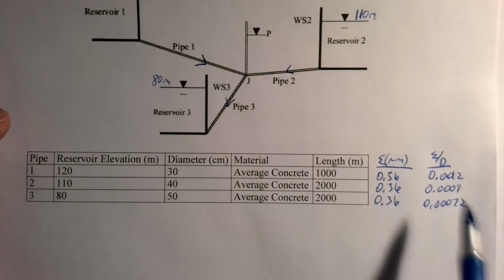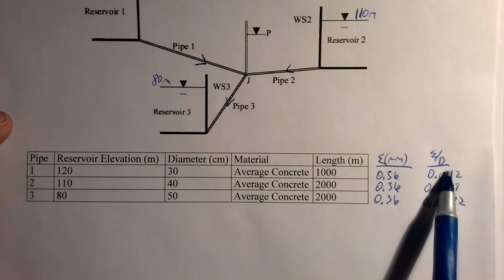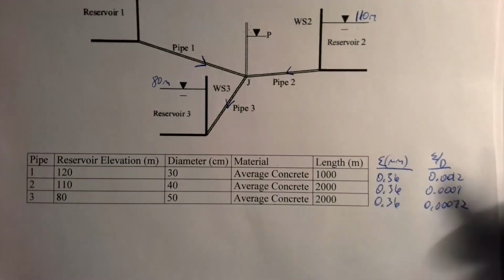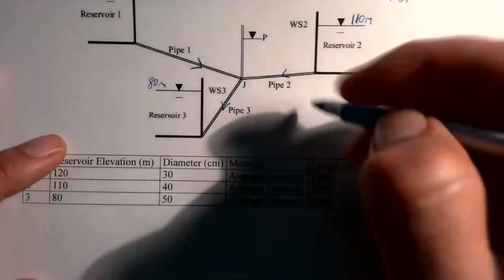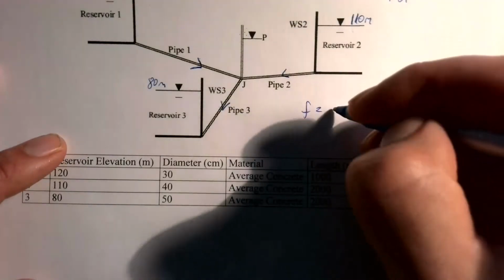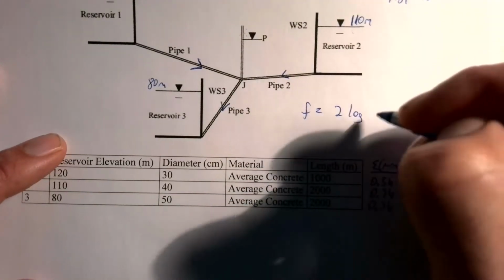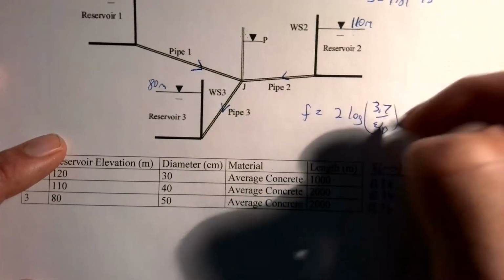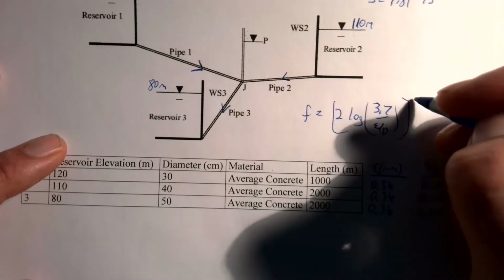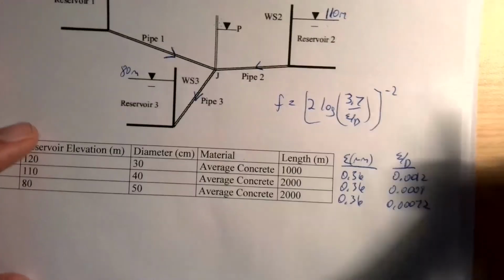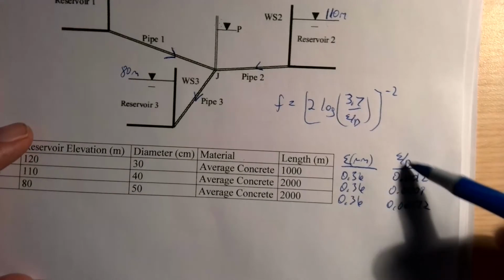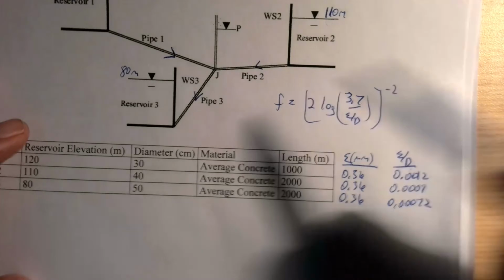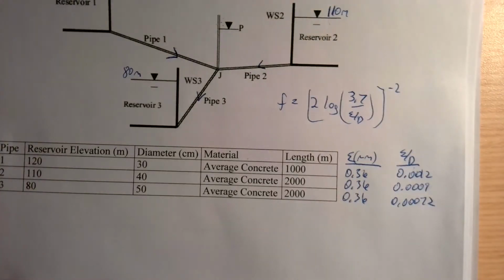And so then from here we can go in and get the friction factors. We could go to the Moody chart if you wanted. In this one, I'm just going to say we use f equal to [2 log(3.7 over epsilon over D)] to the negative 2 power. I've got epsilon over D for each of these. I can plug it right in there and get my initial guesses for the friction factors.